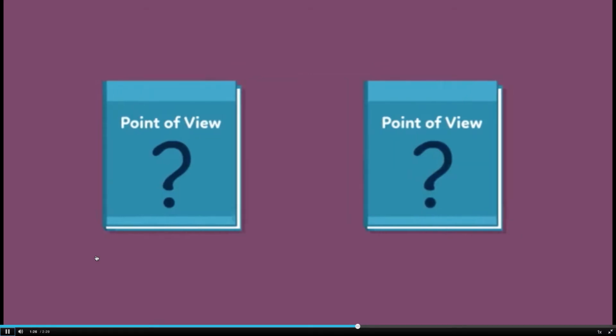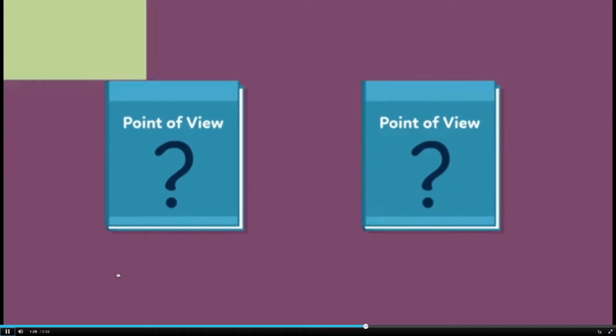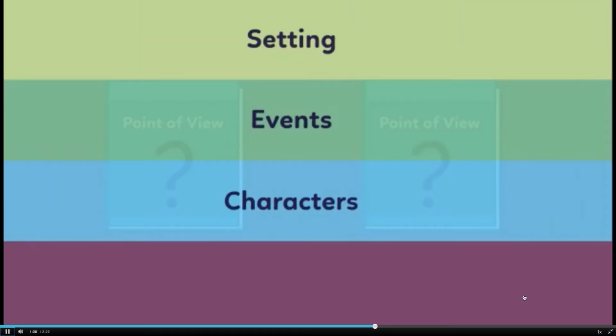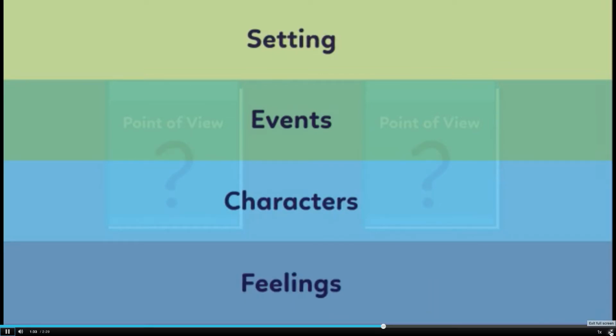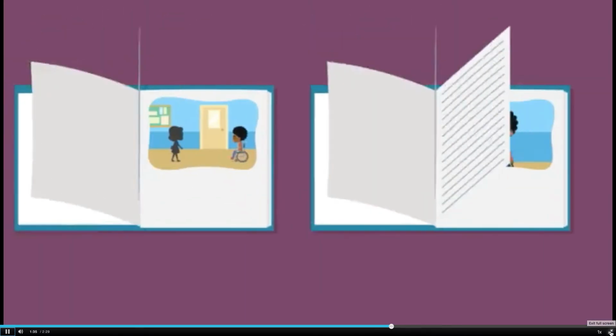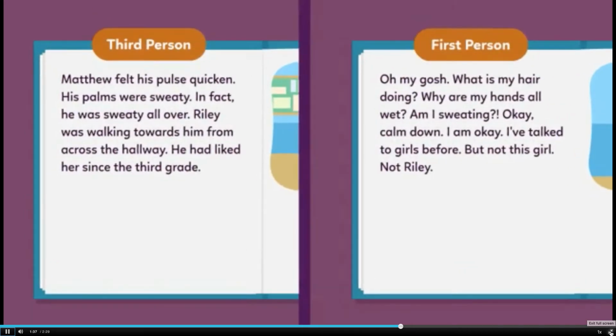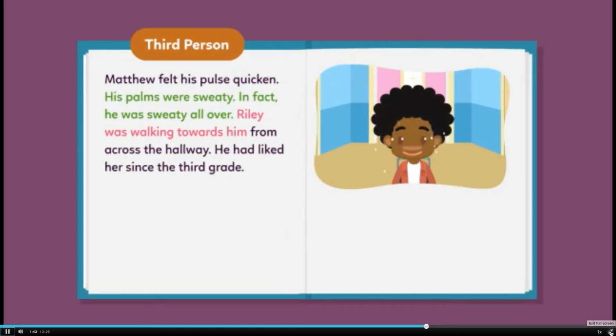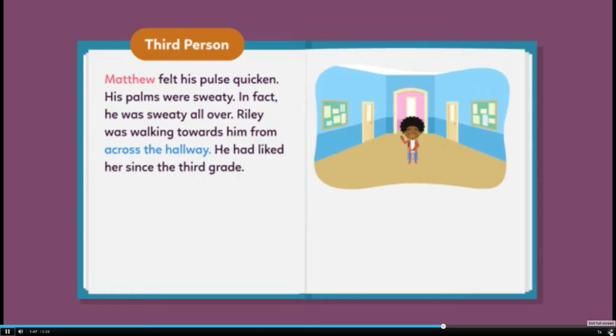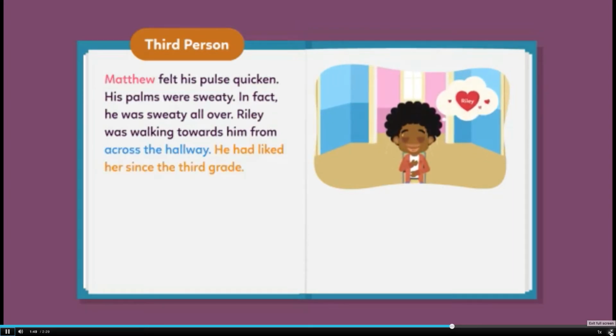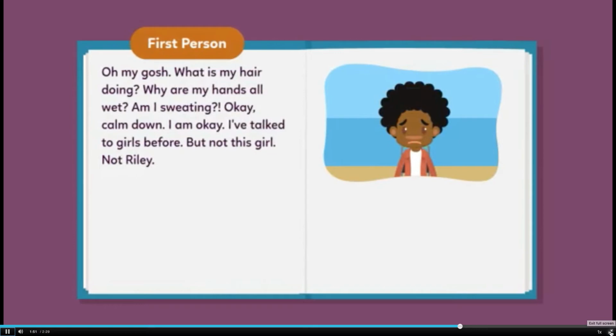Even though it's the same story, what we learn about the setting, events, characters, and how they feel can be different. For example, in both versions, the main character is sweaty and feeling nervous because of a girl named Riley. But only in the third person point of view do we learn that the character's name is Matthew, that the setting is a hallway, and that he's liked Riley since the third grade. In first person point of view, we understand more of how Matthew feels in the moment.